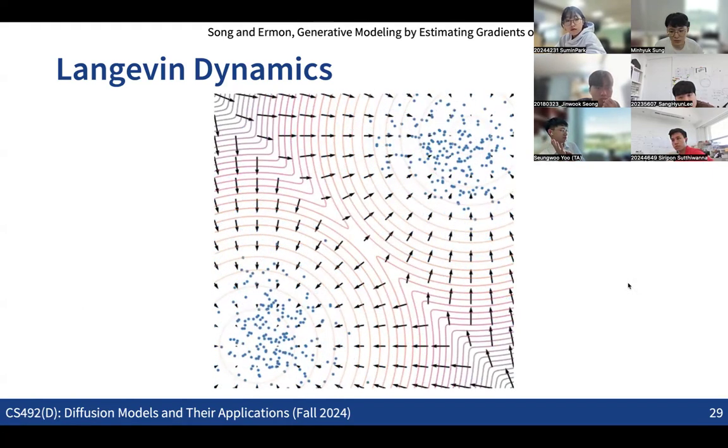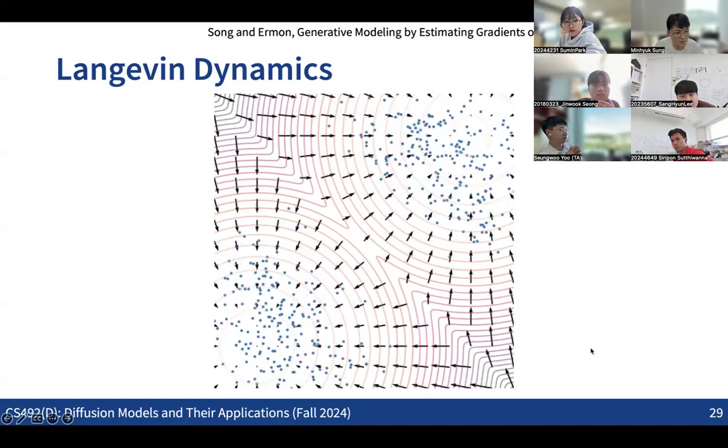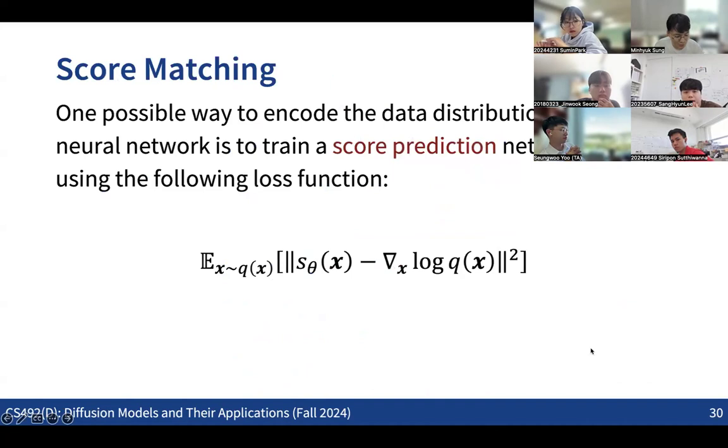Okay. In terms of encoding the information of the probability density distribution, what we can do is train a neural network that can predict the score. One of the ways that we can encode the information of the data distribution is to have this kind of score prediction network, which can be trained in this way.